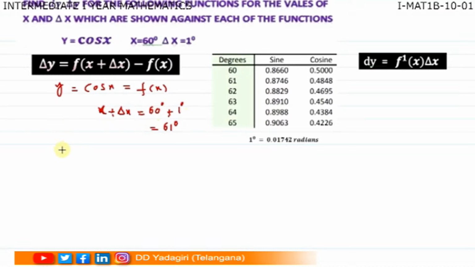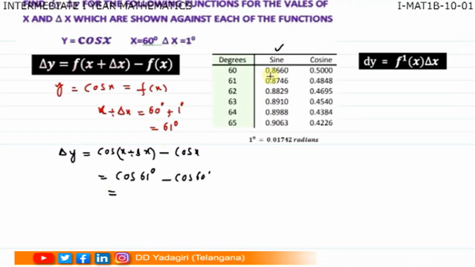So first delta y, using the formula delta y is equal to f of x plus delta x, that is cos of x plus delta x, minus f of x, cos x. Now substitute the values here. Cos of x plus delta x is cos 61 degrees minus cos 60 degrees.